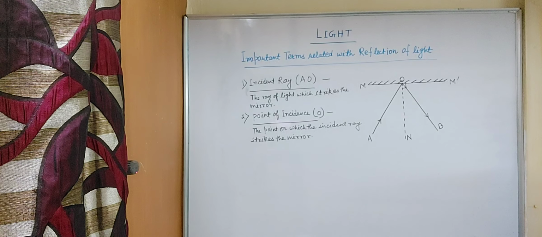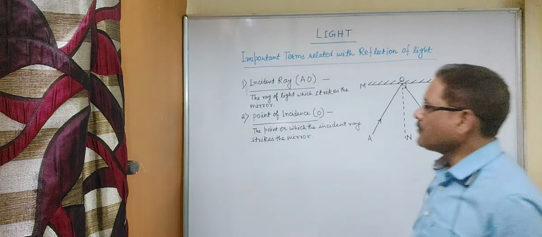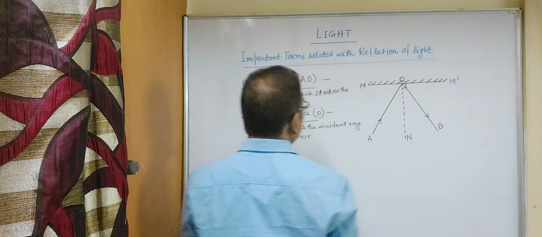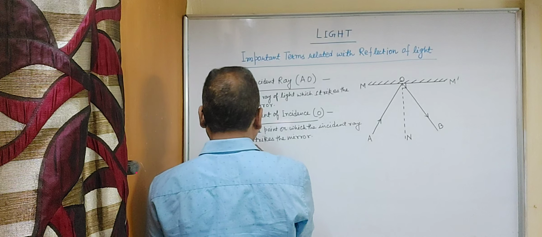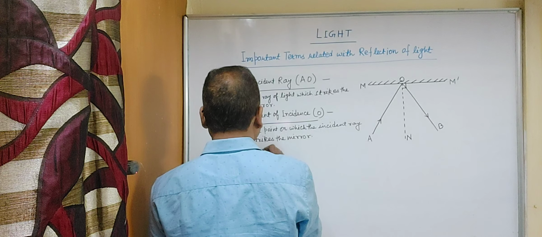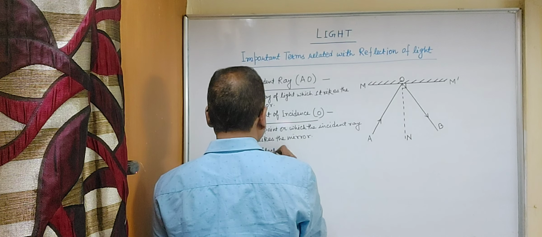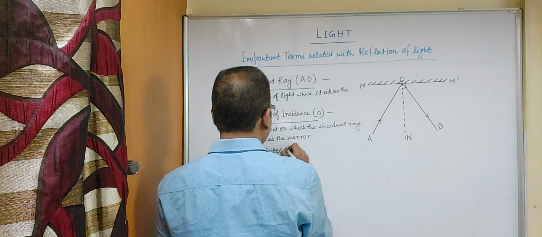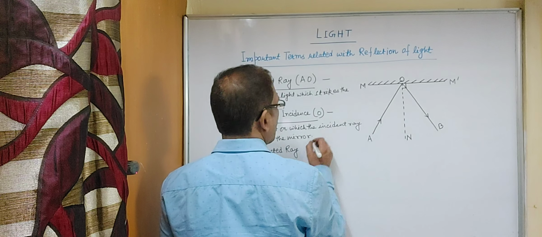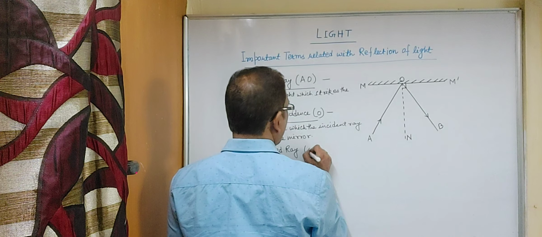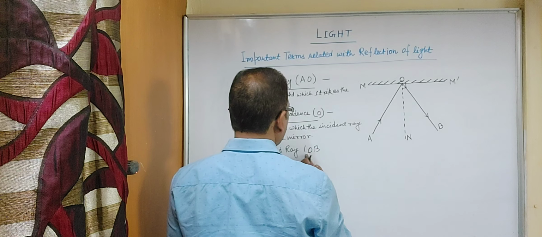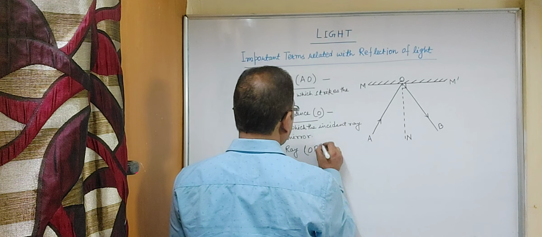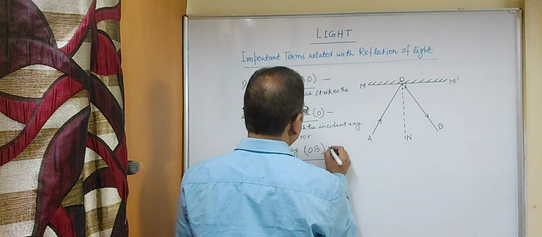Then reflected ray. The third important point is reflected ray. So here OB represents a reflected ray.